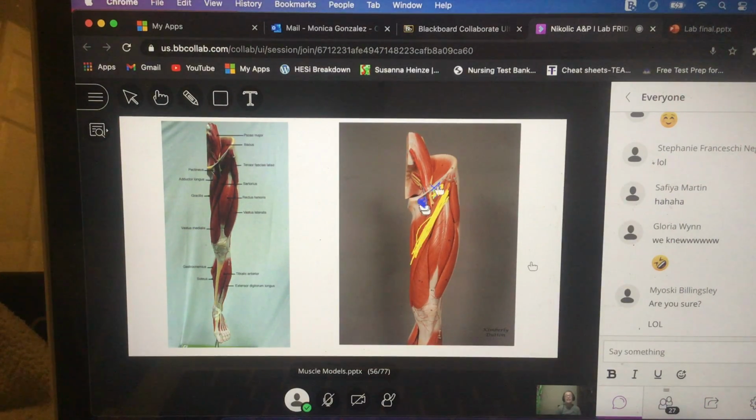Perfect. Go from sartorius, iliopsoas, pectineus. Now, keep going. We might as well go medially. Adductor longus. That's it. Good. Now, gracilis. We're going to go from lateral to medial. Good.